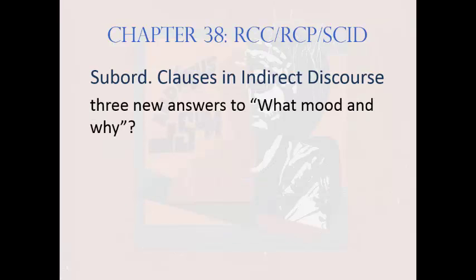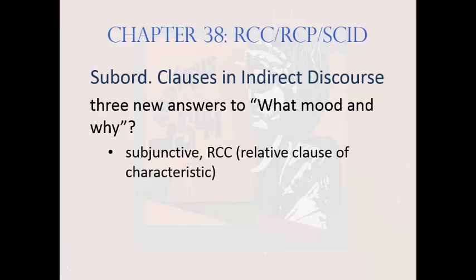The upshot of all of this is that when a Latin verb is subjunctive, there are 3 new answers to the question, what mood and why? RCC, relative clause of characteristic, when the antecedent of the relative pronoun is generalized, that is, the type who.